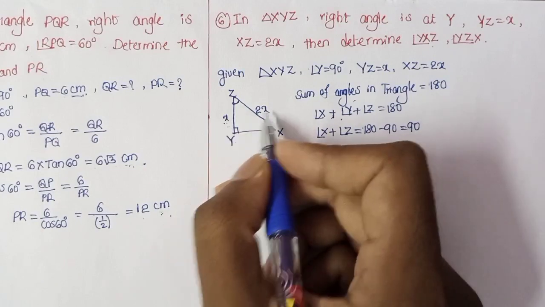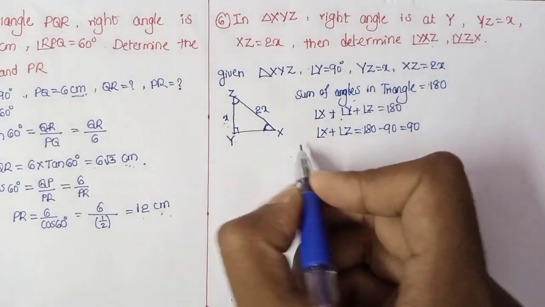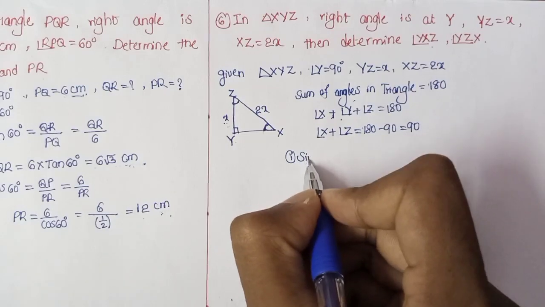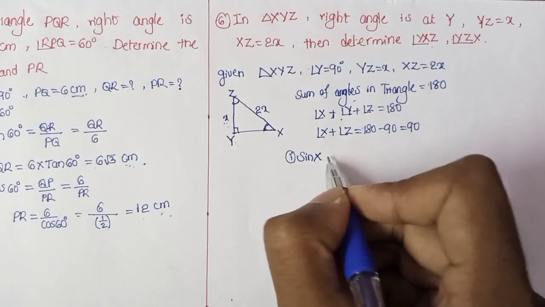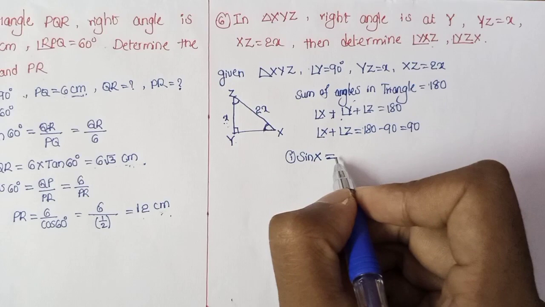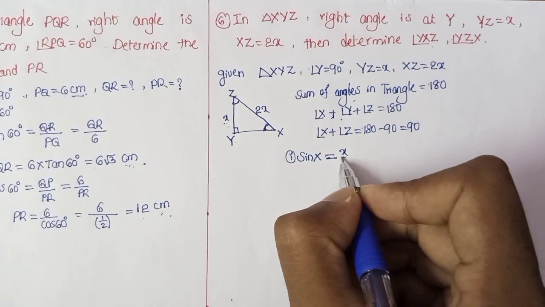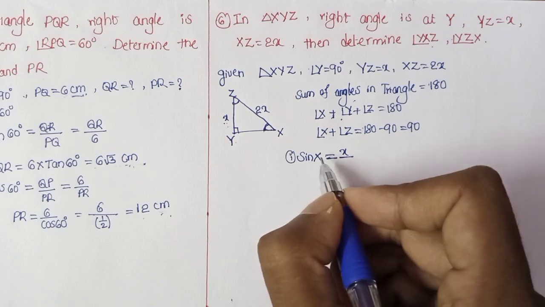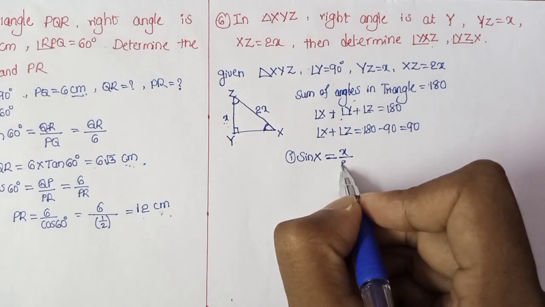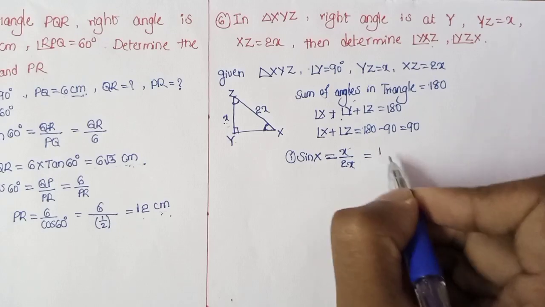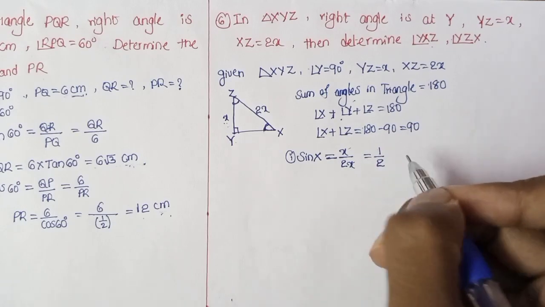These two sides we know. So sine x is equal to the opposite side, YZ, whose value is x, by the hypotenuse XZ, whose value is 2x. The x gets cancelled, so you will remain with 1 by 2.